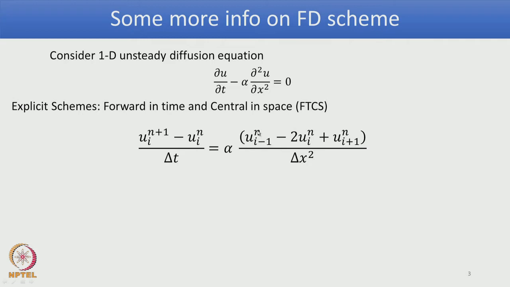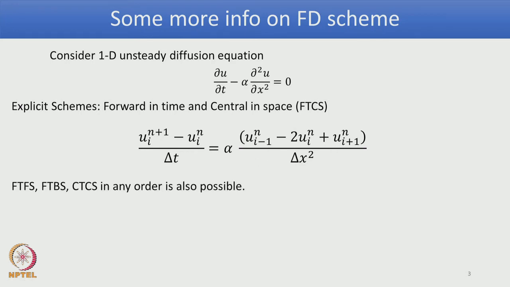We mentioned forward in time, so the superscript n is between n+1 and n. Central in space, so the subscript i is used for space and it is central. We have the node of interest i, and the left and right nodes i-1 and i+1.